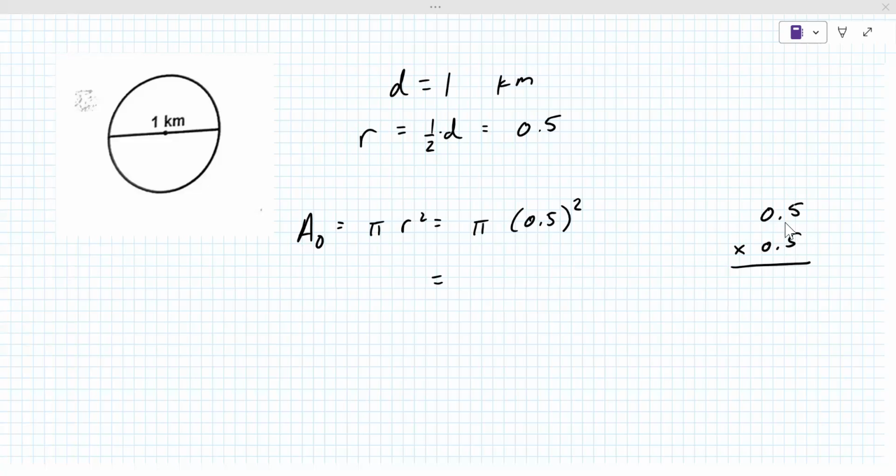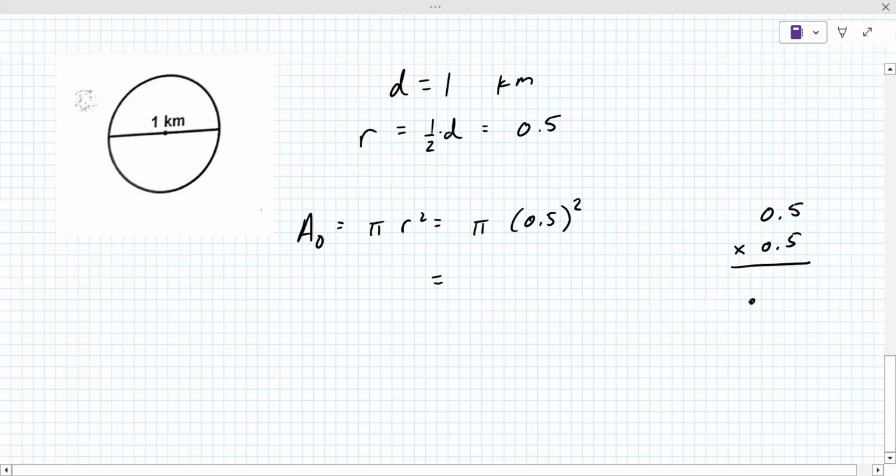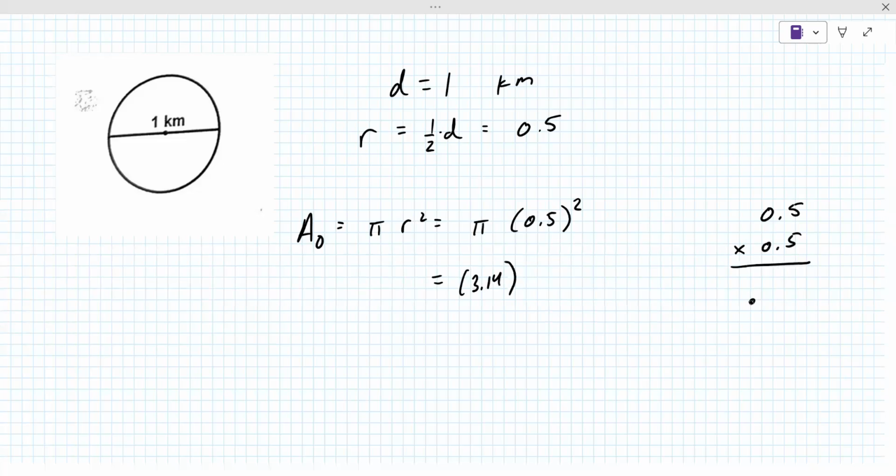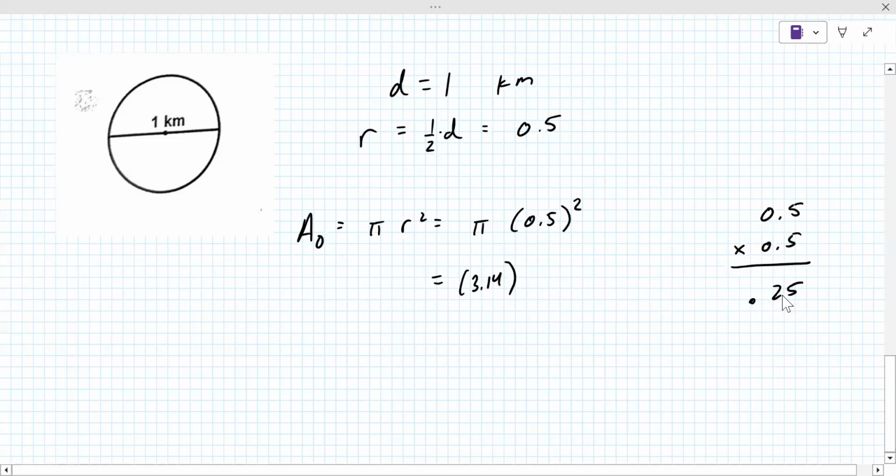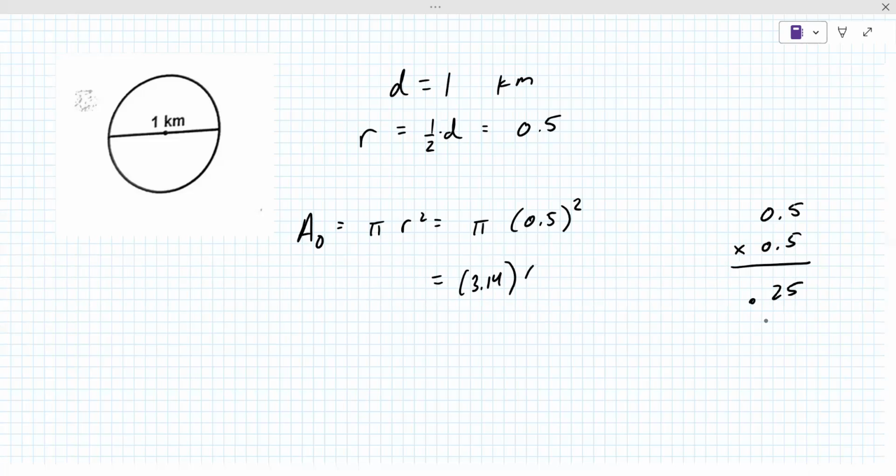Oh, okay. It would be 5 times 5, 25. Or 0.25 because you moved the decimal over to the left 2 places. Oh, I was doing it to the right one.